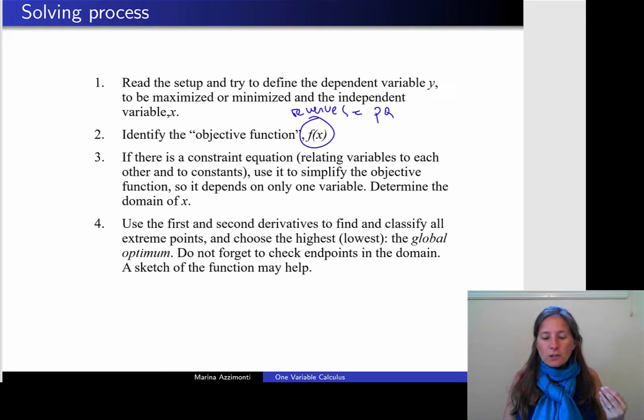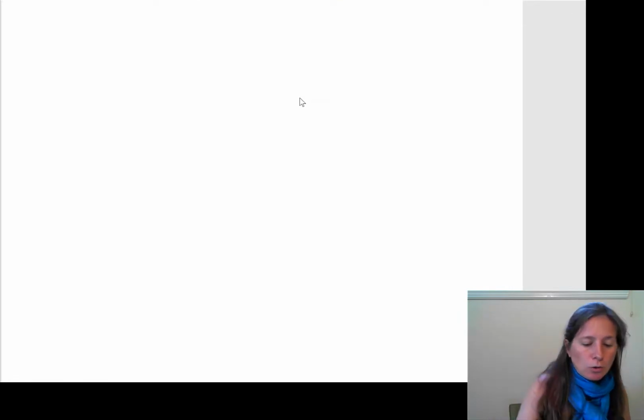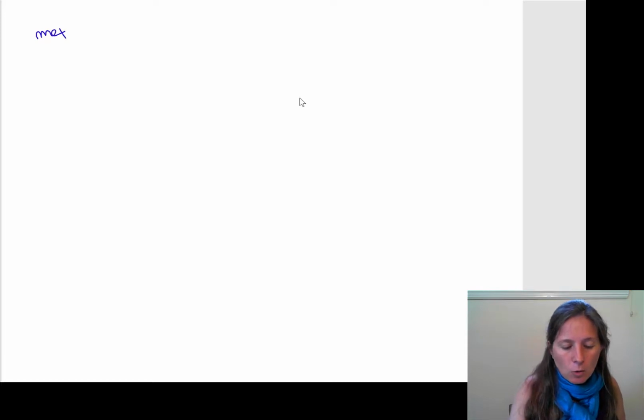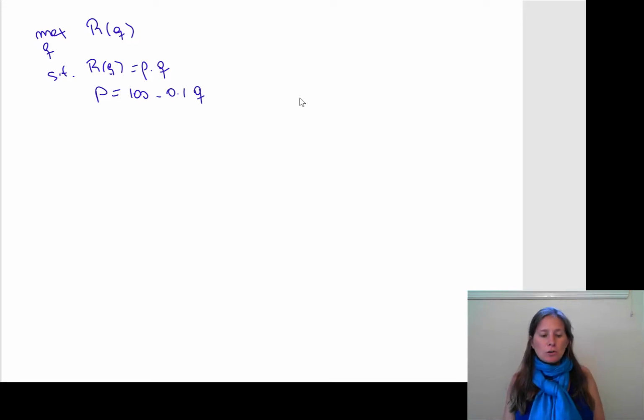Remember, our first task is to maximize revenue. So what do we know? Let's write down our maximization problem. We want to maximize the revenue function, which is a function of Q, this is our X, subject to the fact that revenues are price times quantity, and that price takes the form 100 minus 0.1 Q. So these are your constraints.